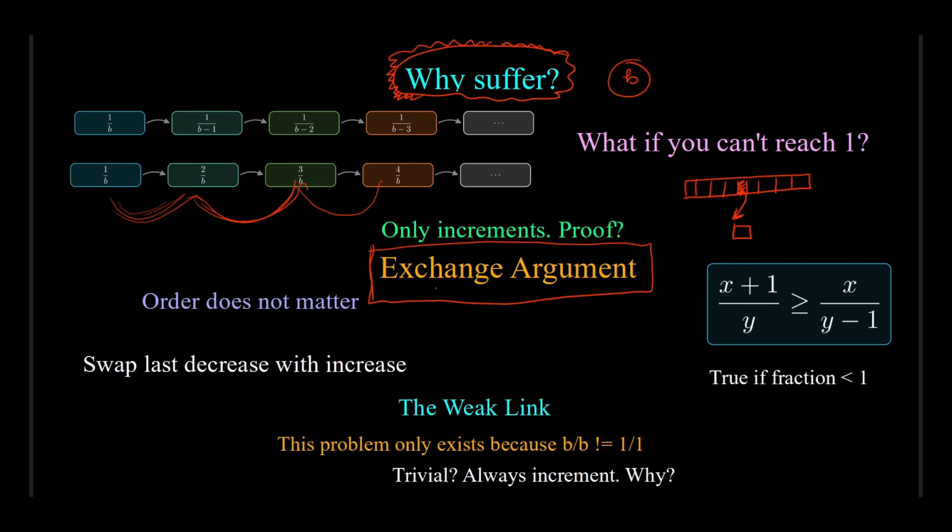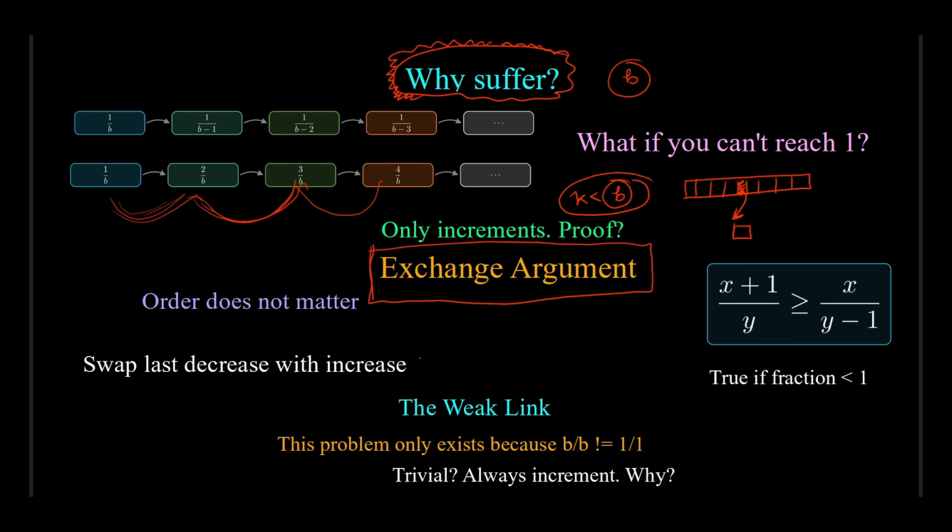So how can we prove via exchange argument that if it is not possible to reach round b, that is k is less than b, then it is always better to do numerator increases only?